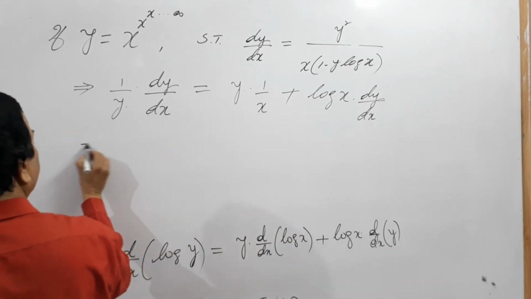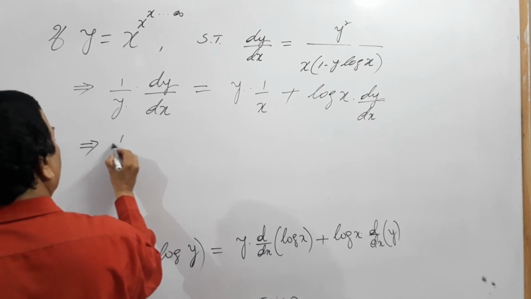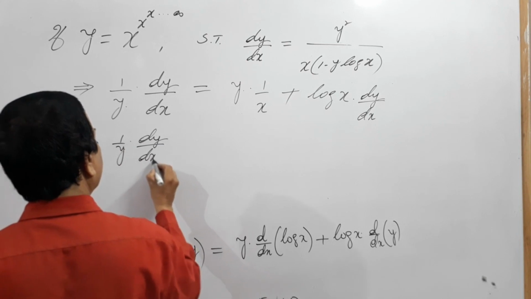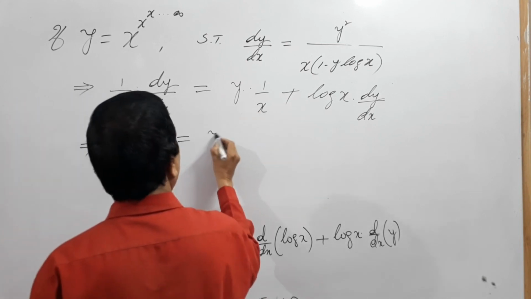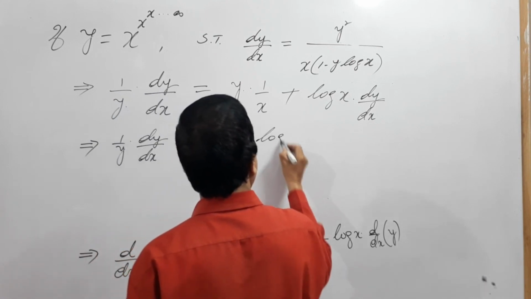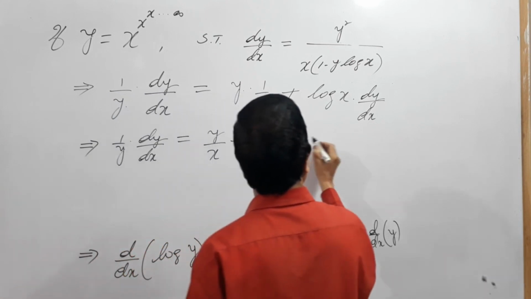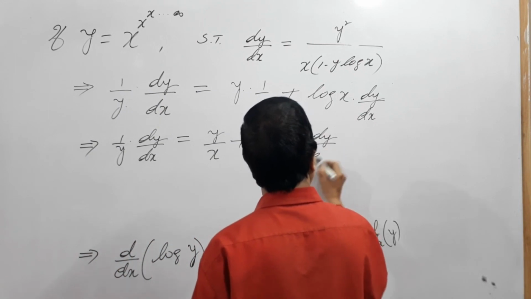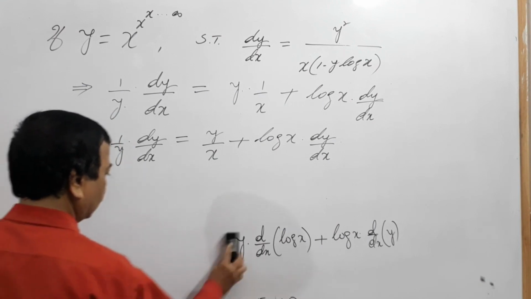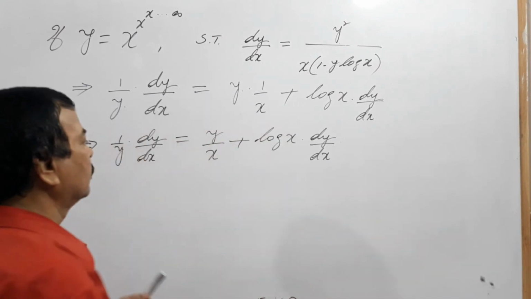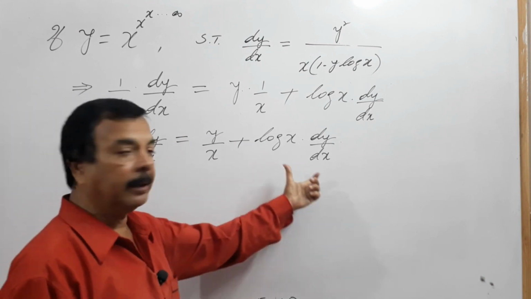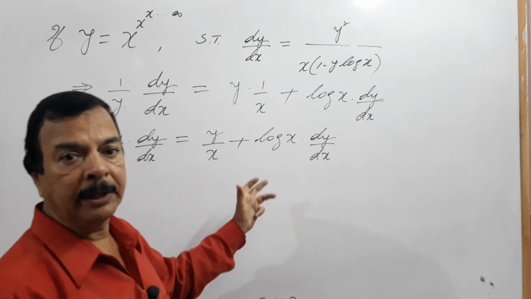So this can be written as what? 1 by y dy by dx, one step extra I am taking. So this becomes y by x plus log x into dy by dx. Now I have to keep dy by dx on one side and the non dy by dx on the other side.